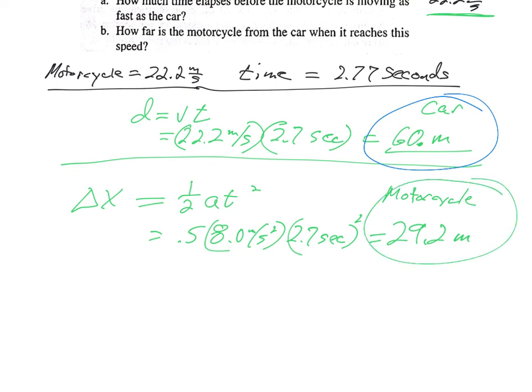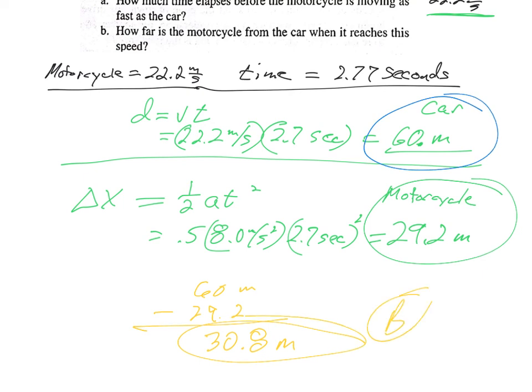So the distance between the two, I'm going to go 60 meters minus 29.2. What is it, 30.8, right? If I'm doing this right on a Sunday morning. 30.8 meters. That's how far was between them. That's part B. Woo woo, woo woo.